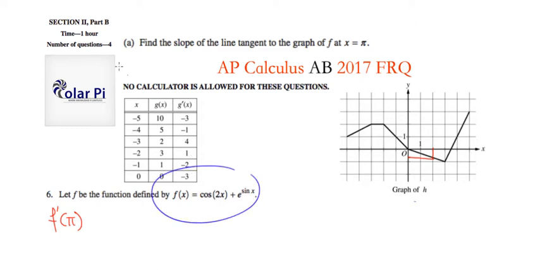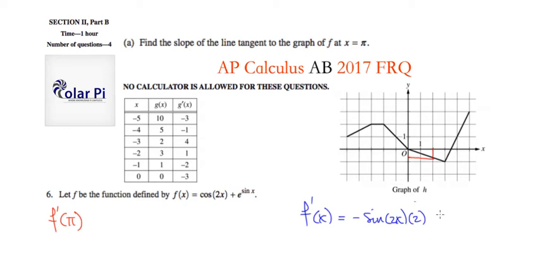Since f is right here, f prime of x will have to equal the following: negative sine of 2x, and then by chain rule times 2, plus e to the sine x, and then by chain rule times cos x.